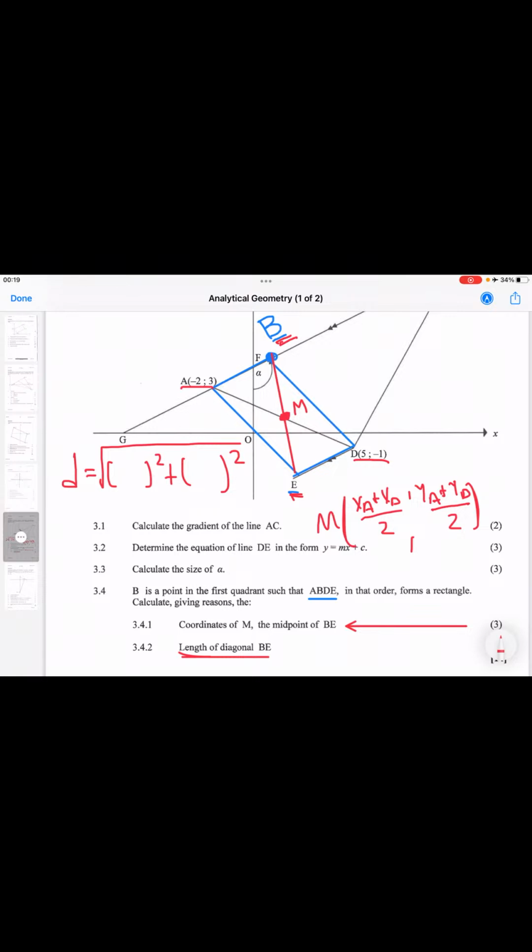So you still substitute the coordinates of A and D. This is where now you need to give a reason. The distance that you get when you do that calculation, it is the distance of BE, based on the reason that you provide. And that is how, honorable members, you score yourself 3 marks for that question. In total, 14 marks for this question.